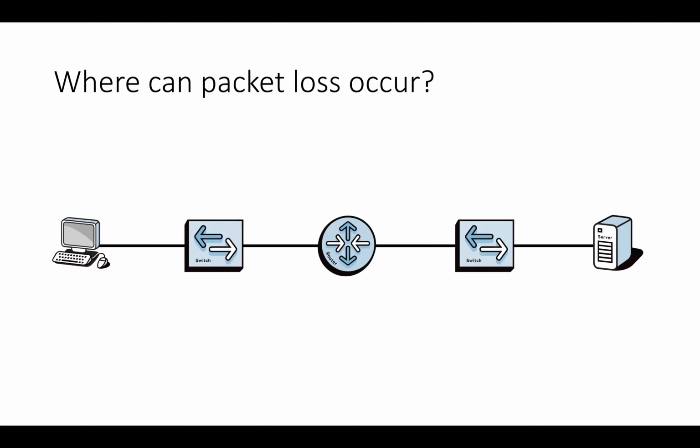So where can packet loss occur? Packet loss can occur in a ton of different locations. The PC can end up having limitations, buffer limitations, CPU limitations, misconfigurations. The network card on the PC can have a network card failure, other problems here. You can have a cabling issue. You can end up having a bad network card on a network interface on the switch, misconfigurations on the switch, backplane limitations inside of the switch.